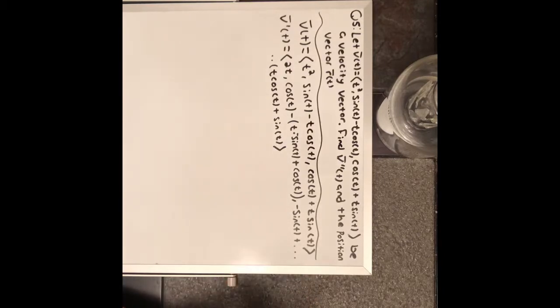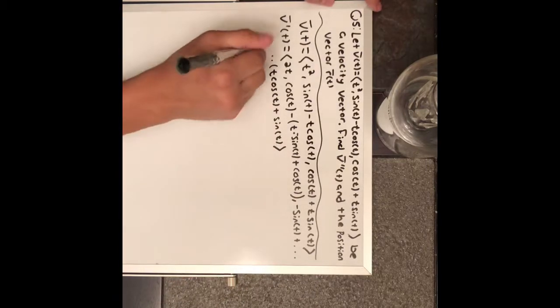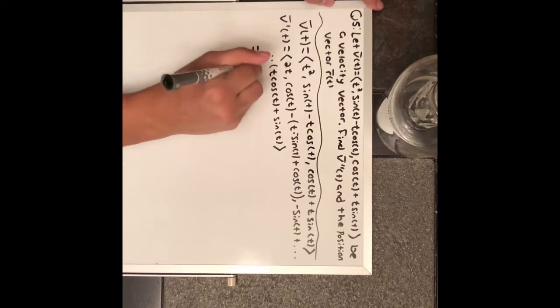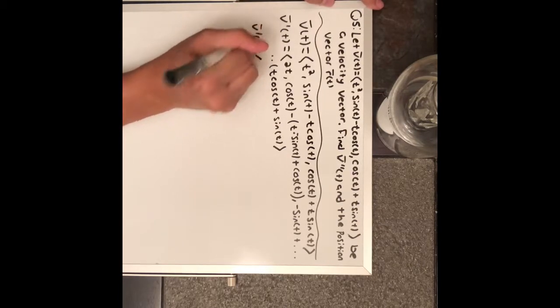As you can see, there are things that we could potentially cancel out. So let's go ahead and rewrite it so we can better see what we can and can't cancel out. Let me rewrite this here.